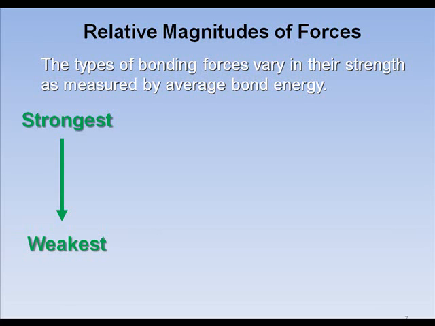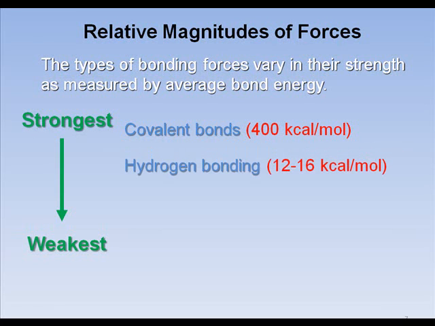Now, how strong are these attractions between these molecules? There is a variance in their strength. A covalent bond, which is within the molecule itself, between the atoms, is extremely strong. Hydrogen bonding is less, as you can tell.